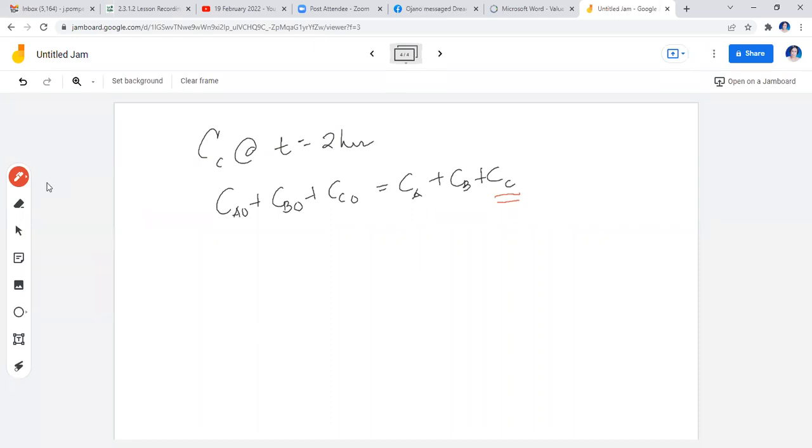So based on the formula that I have written here, C sub C is equal to CaO plus CbO plus CcO minus C sub A minus C sub B. What do we do? C sub C is equal to CaO is 2.5. Our C sub B and C sub C are equal. Let me check. It's 0.5 pound mole per cubic feet.